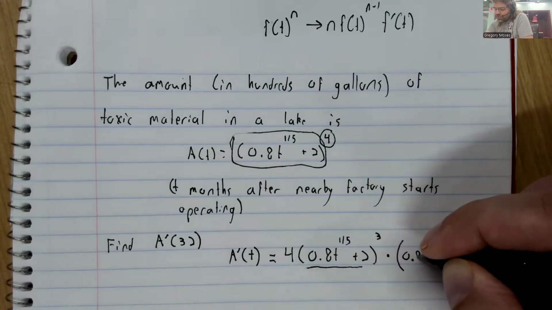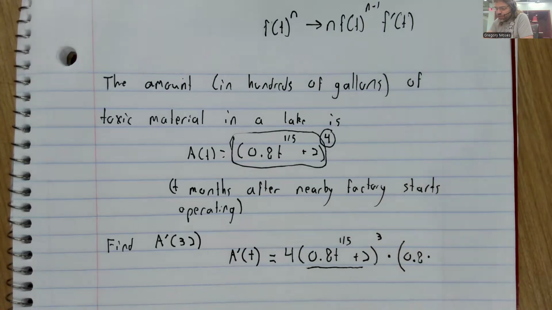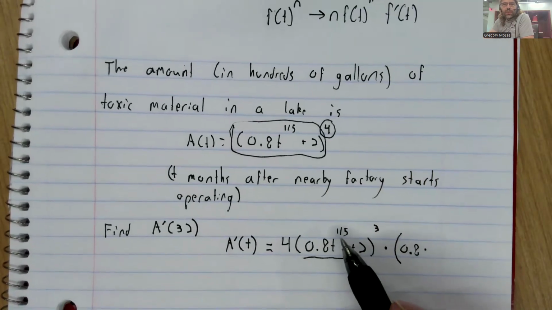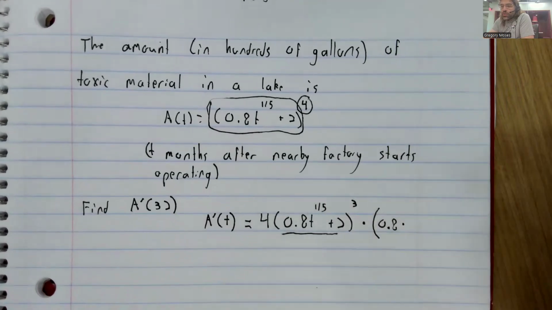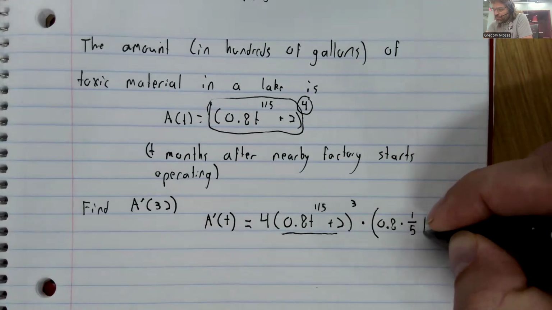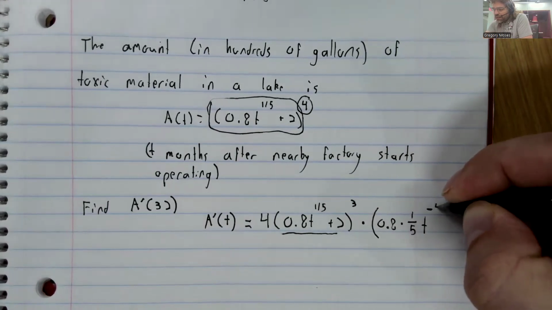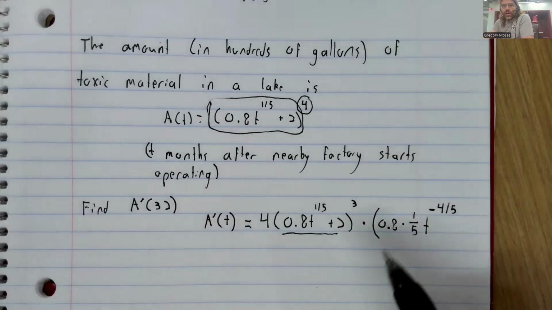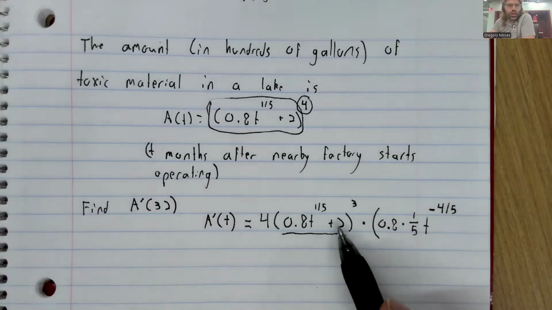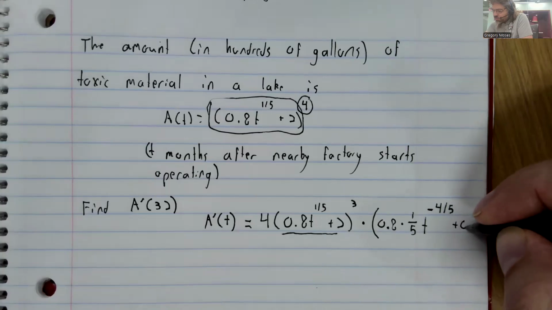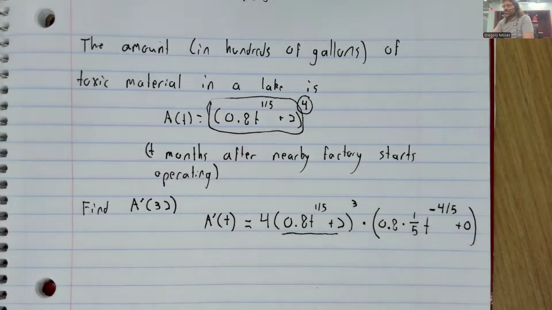It stays put. The 1/5, we have t to the 1/5. Now we're just using the regular power rule. The 1/5 comes down. We get t to the -4/5. And then the derivative of a constant is 0, so plus 0.